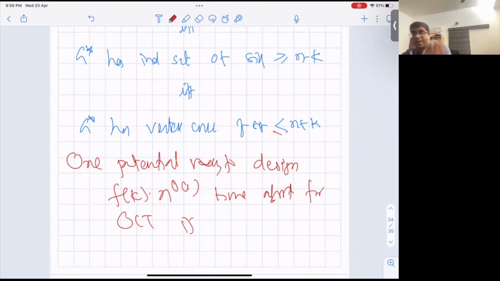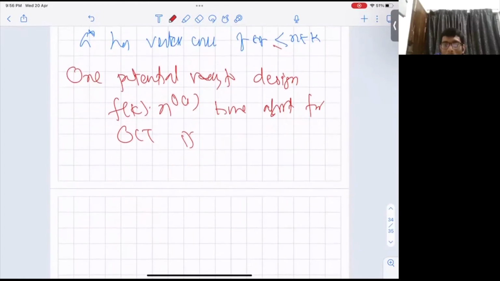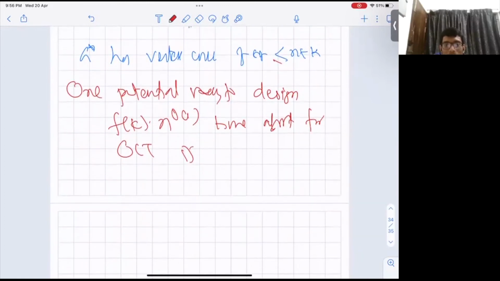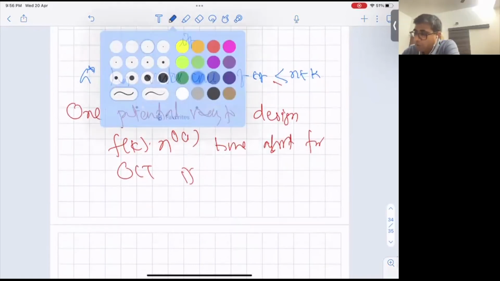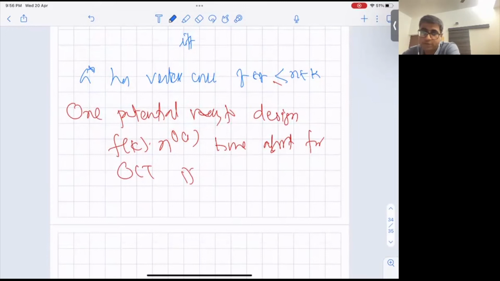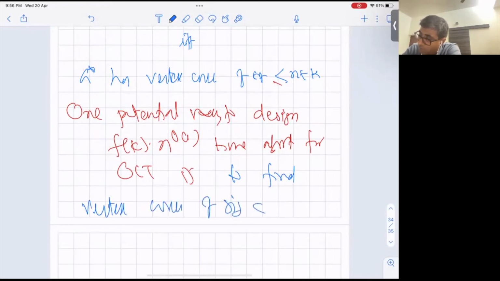So what do you expect? What you have to find is a vertex cover of size at most n plus k on G star, in what time?